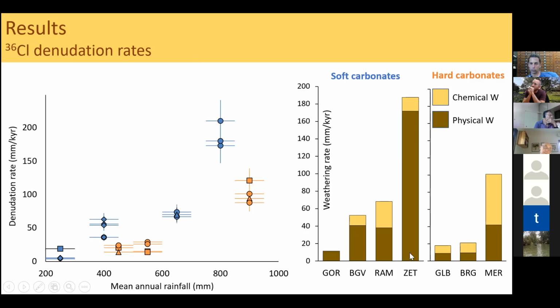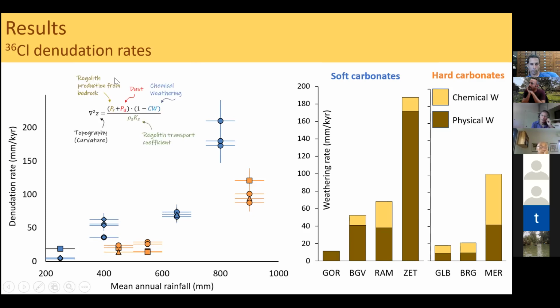We see that on the left, on soft carbonates, on the chalk, the weathering is mostly mechanical, but it's also very high. So the chalkstone weathers faster and mostly by mechanical processes, and hard carbonates weather slower, but about half of it is mechanical, half of it is chemical processes that weather the rock.